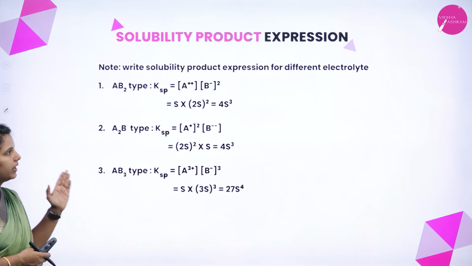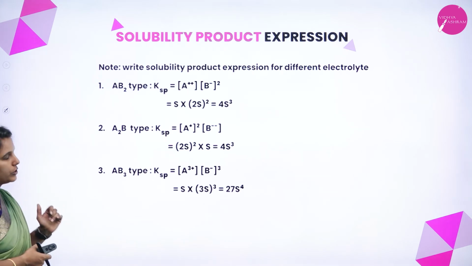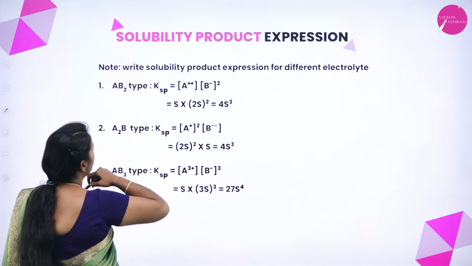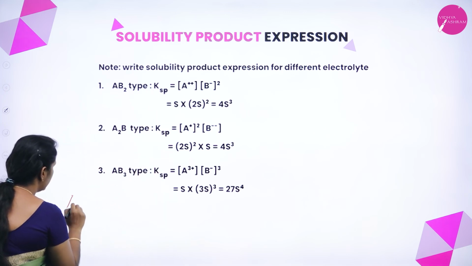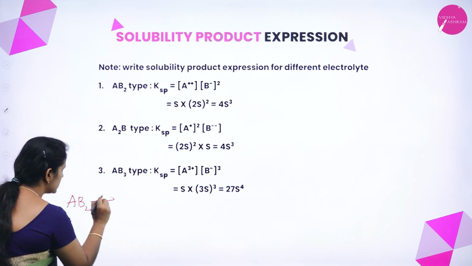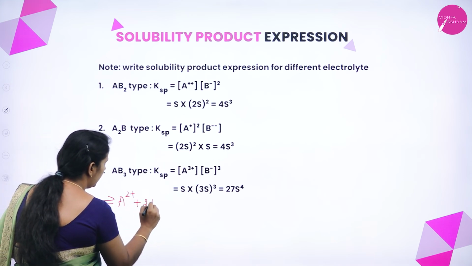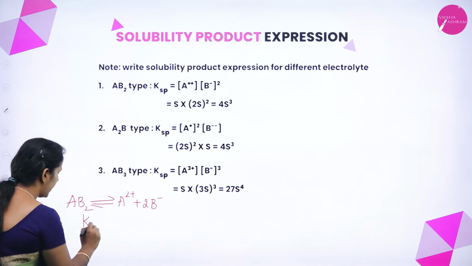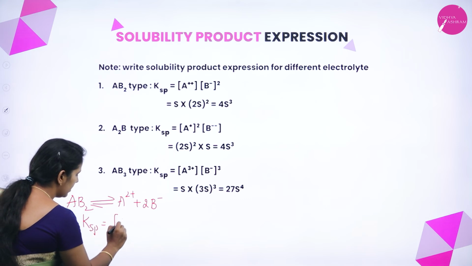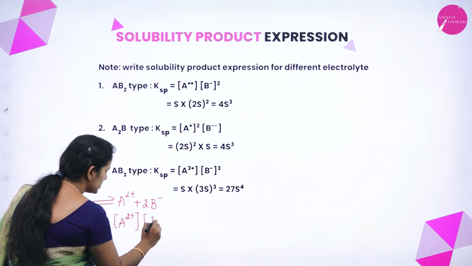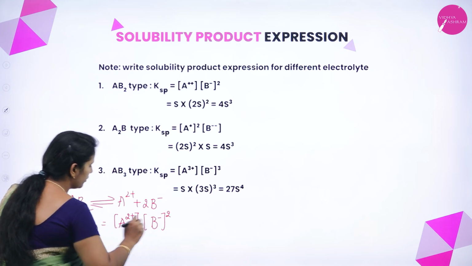So let us write the solubility product expression for different electrolytes. For AB2 type, the Ksp value will be, again I can write AB2 which dissociates to give A2 plus and 2B minus. So Ksp for the above equation will be the molar concentration of A2 plus into the molar concentration of B minus raised to the power of 2.